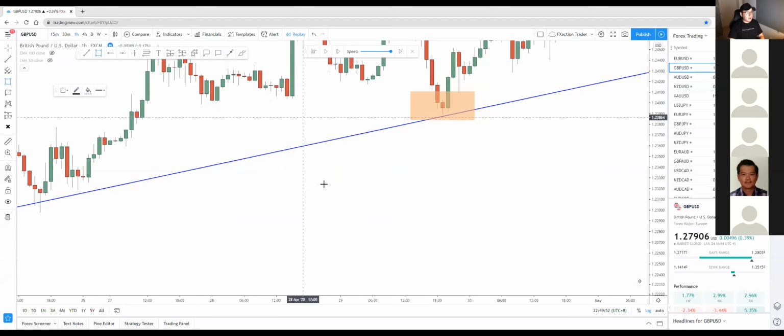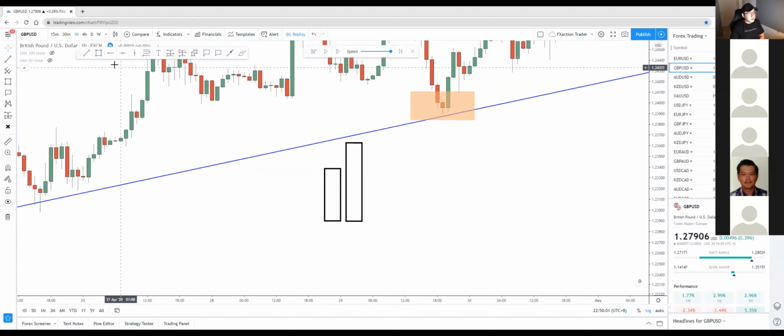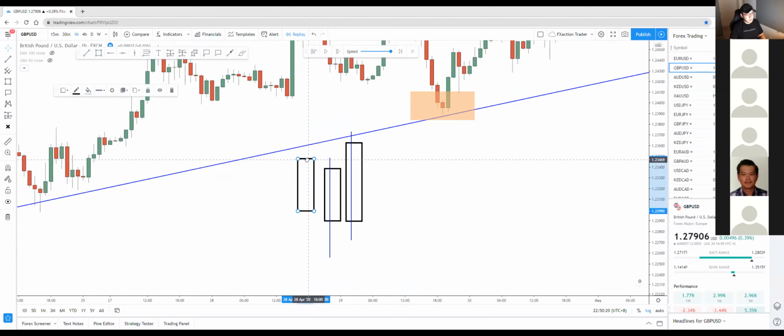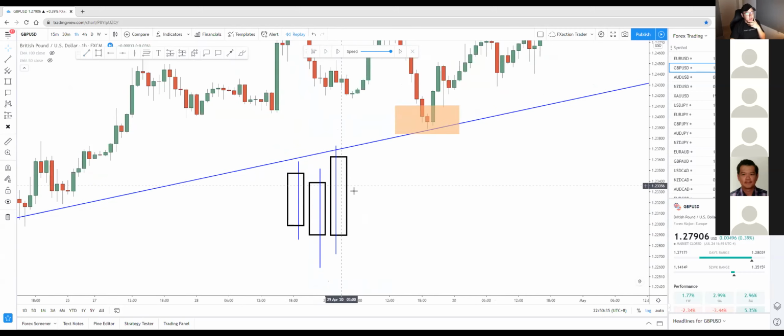Let's say we have a candlestick here, and we have the line here. Let's say this is the engulfing candlestick pattern that I'm looking for.